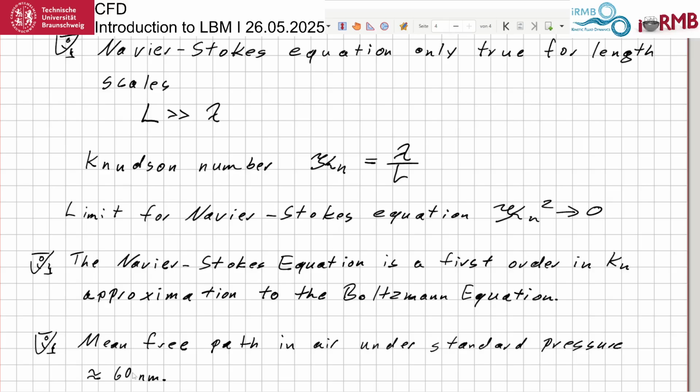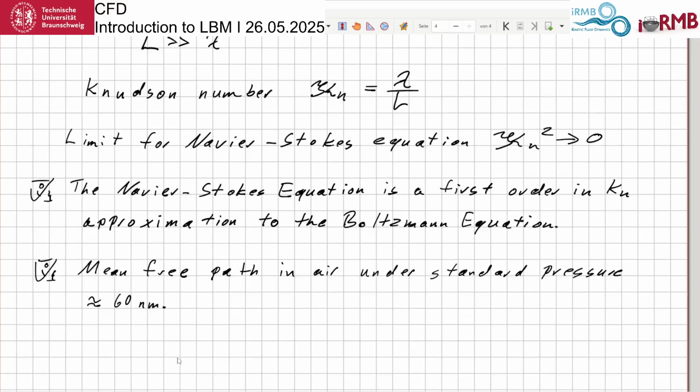So for everything that's larger than 16 nanometers, or much larger than 16 nanometers, which is many things in engineering, the Navier-Stokes equation is usually a good model. Yes, and let's also write this down.